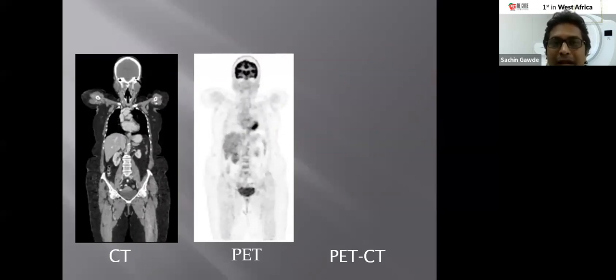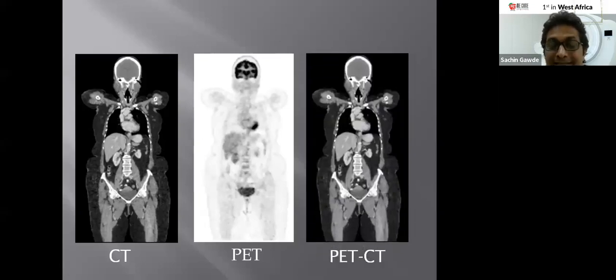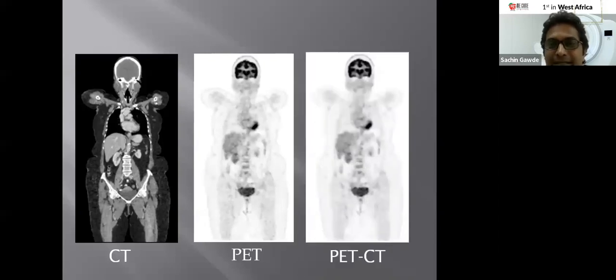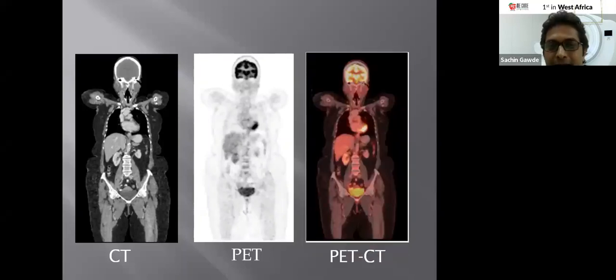So you can't have a PET-only imaging and report; we need a fusion imaging. Next slide, please. This is PET. This is CT. I mean, this is the PET. So this is how it looks. The CT scan plus the PET scan together form the fusion image called the PET-CT image on the right side.